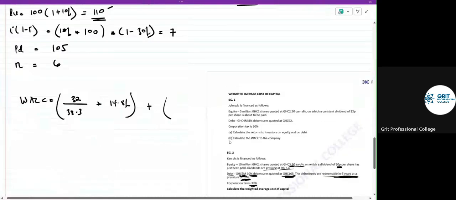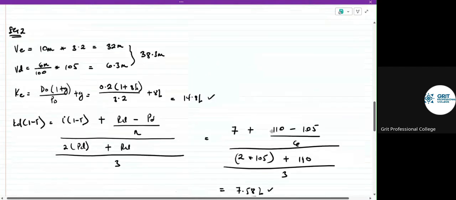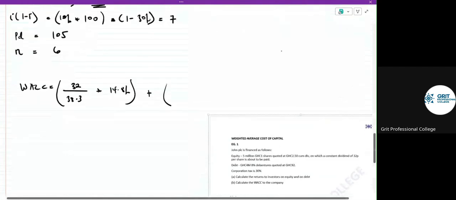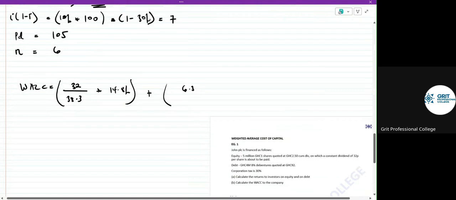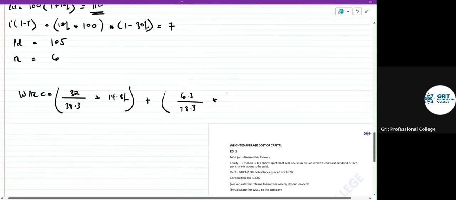Right. So, continuing, the market value of our debt, that is 6.3, over the total value, which is 38.3, that is both equity and debt, times the after-tax cost of debt we have at 7.58%.